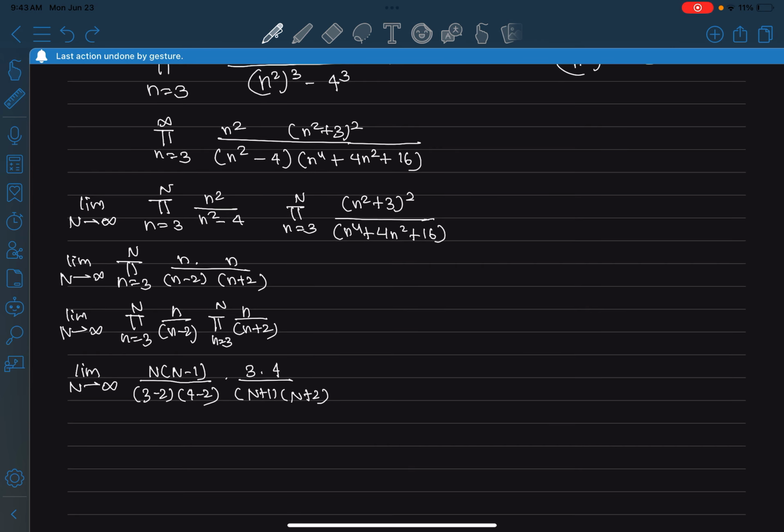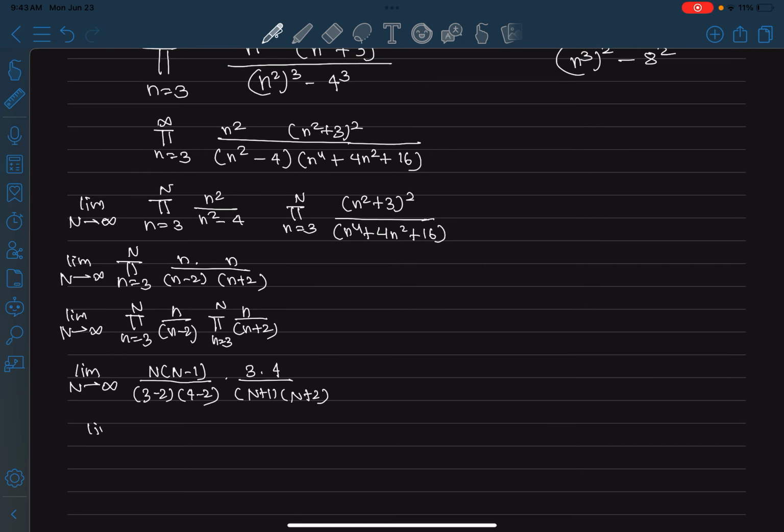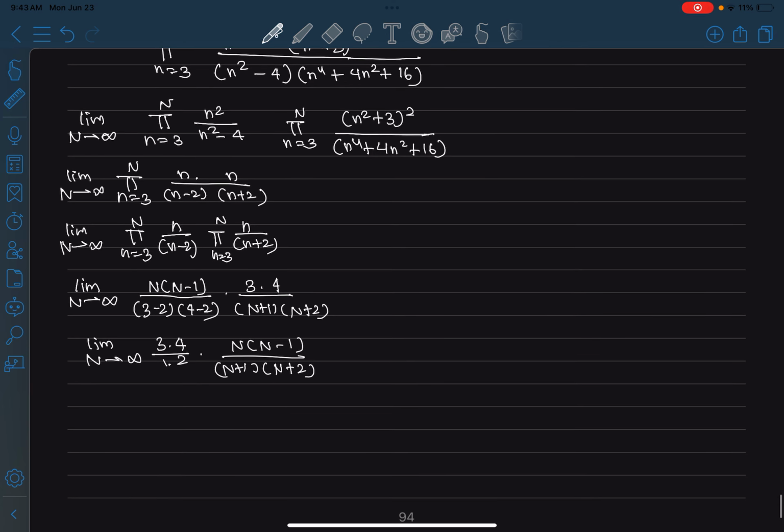So now you will have limit capital N goes to infinity, 3 times 4 by 1 times 2, and then N minus 1 by N plus 1 times N plus 2. And then I think it's easy to take that limit now. This is now just 6. And then to take this limit, you can actually divide the numerator by N square. That gives you 1 by 1 minus 1 by N.